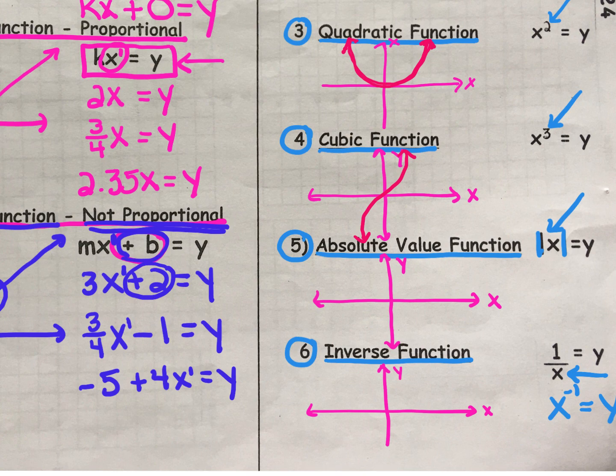An absolute value function graphs as a V. And finally, when you see an inverse function, it graphs like this. You can see that the inverse is made up of curved parts as well.